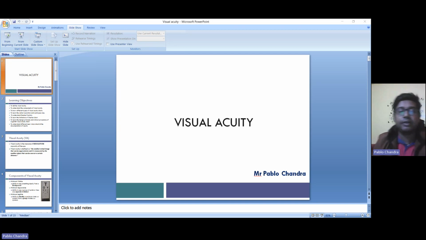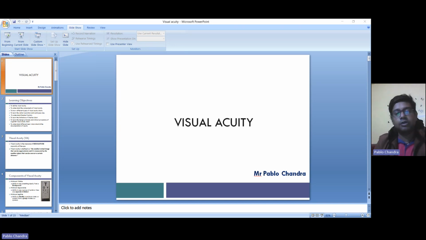Next, visual acuity can reflect the general health and functioning of the eye. If visual acuity is good, it is considered that the general health and functioning of the eye is also good. If the visual acuity of the patient is good, we can say our eye is functioning properly, and then our entire visual system is functioning properly.